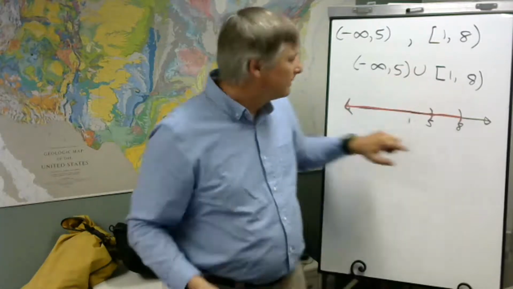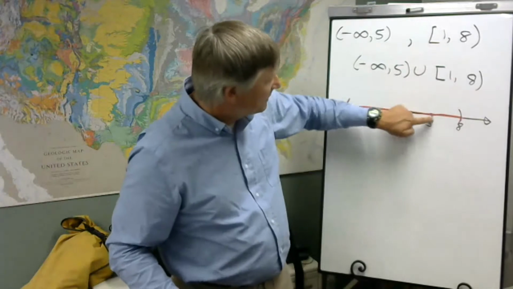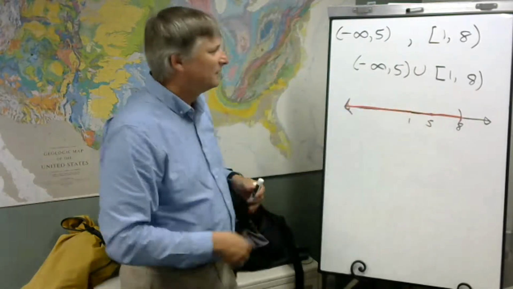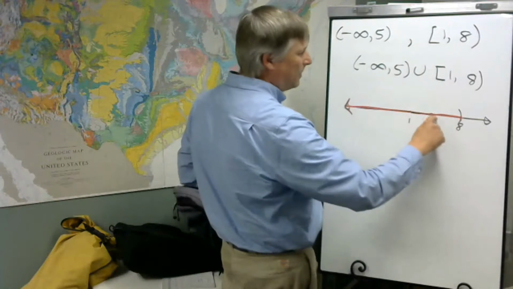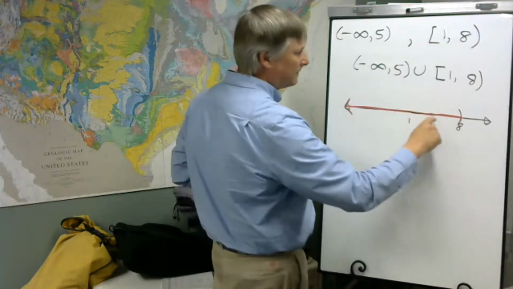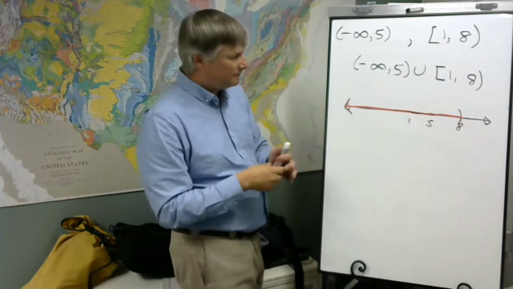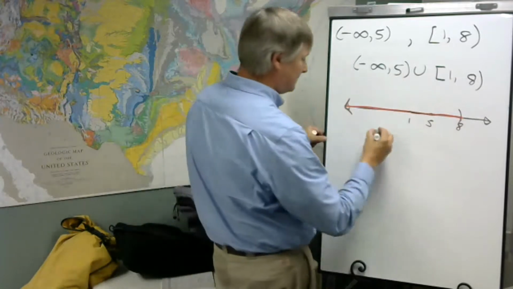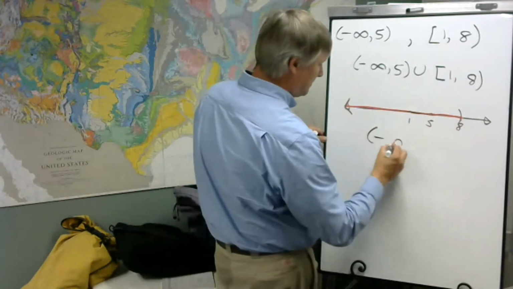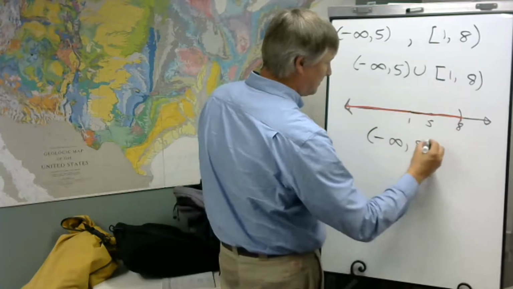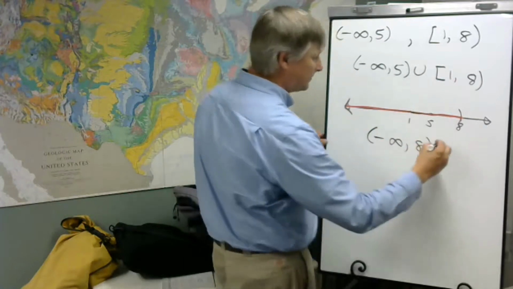So we get it back. So we can get rid of this. And then we have all the numbers beyond 5 up to 8, then we don't include 8. And so that means this will be our answer.